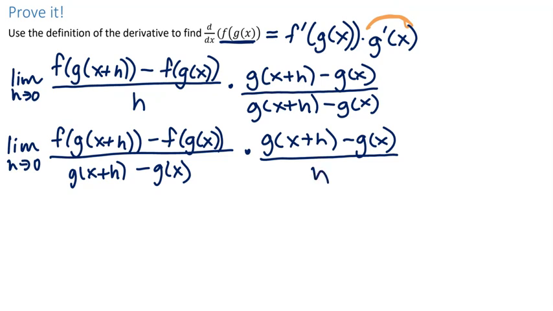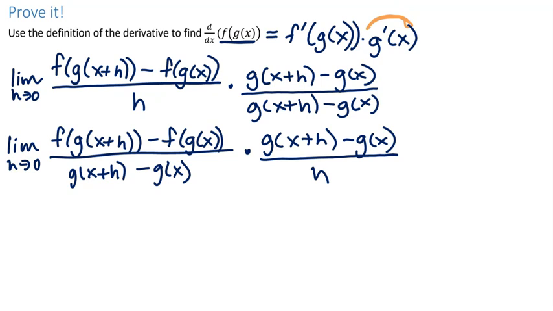So these are definitely still equal. If you doubted at all, remember to multiply fractions, you just multiply straight across. So we'd get this whole f of g mess multiplied by the whole g of x plus h minus g of x mess. And then on the bottom, we'd have h times the g stuff. Down here, we'd have the same thing, exact same numerator. The denominator is just written in a different order when we multiply, but it is equivalent.